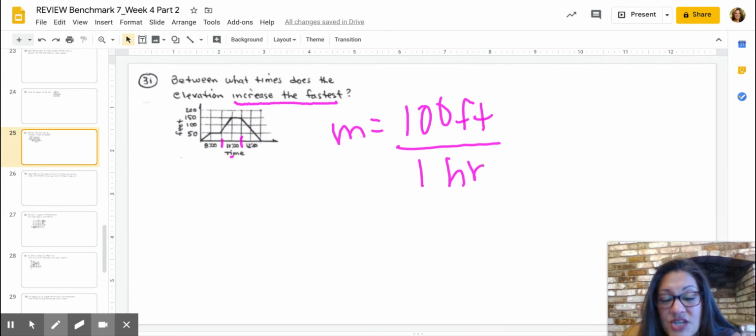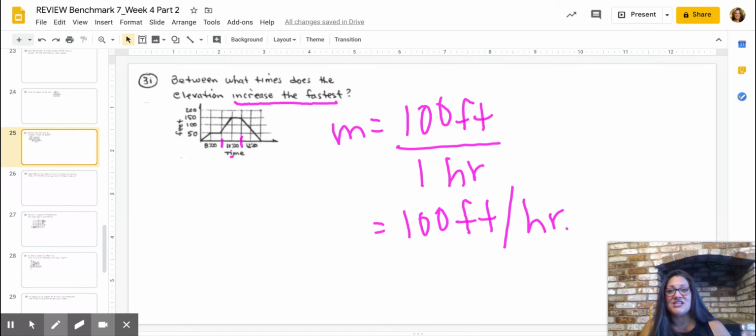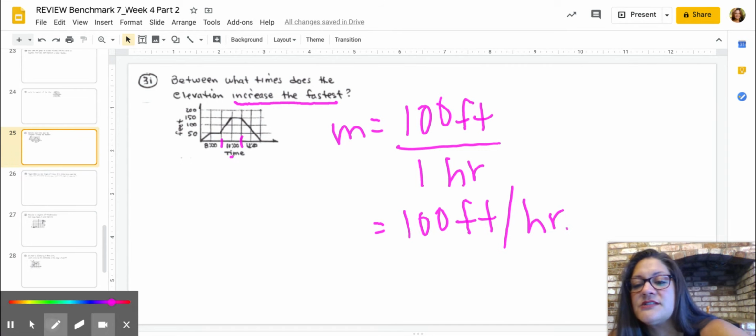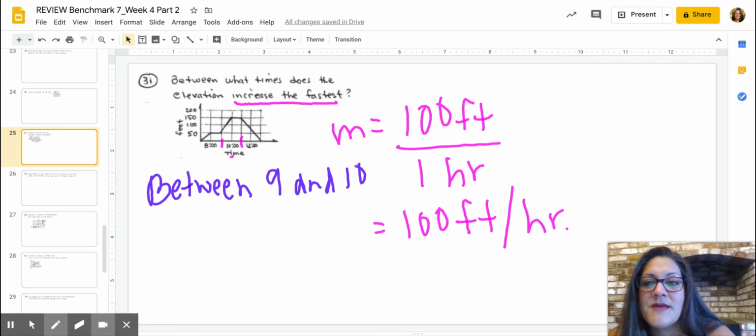So my rate of change would be 100 feet per hour. Okay, so that's where my greatest rate of change is. But it says at what times does the elevation increase the fastest? So my answer is going to say between 9 and 10. Okay, there it goes, rate of change.